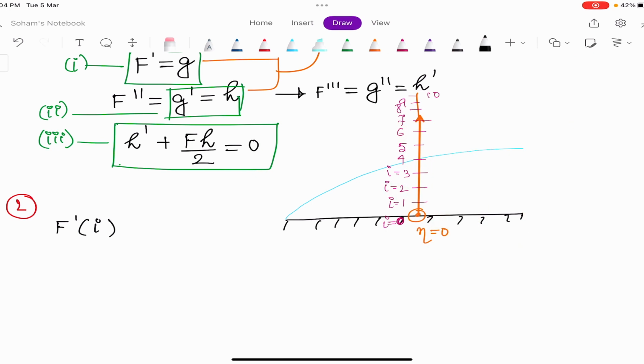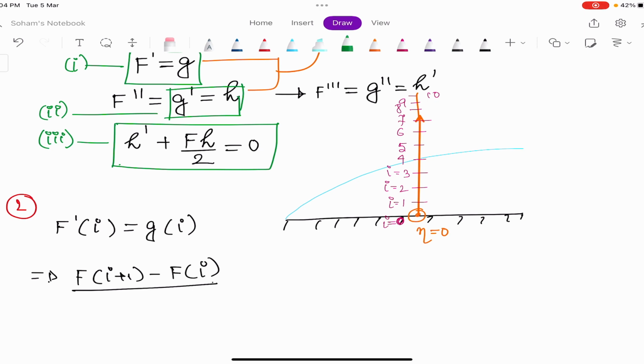So f dash at I equal to g of I. Then I can write f dash I as f of I plus 1 minus f of I by delta x, assuming that all these are equally spaced with spacing delta x. So this is equal to g of I.